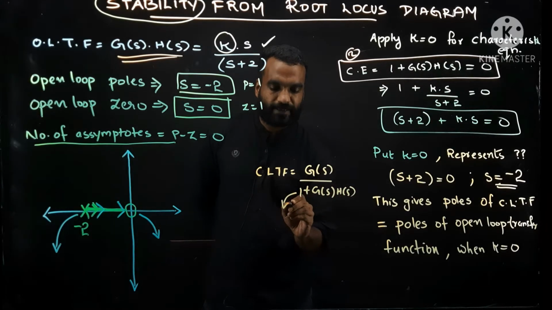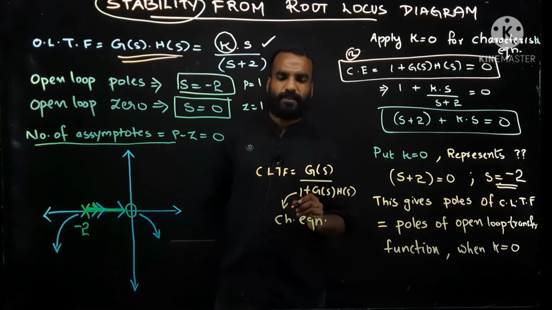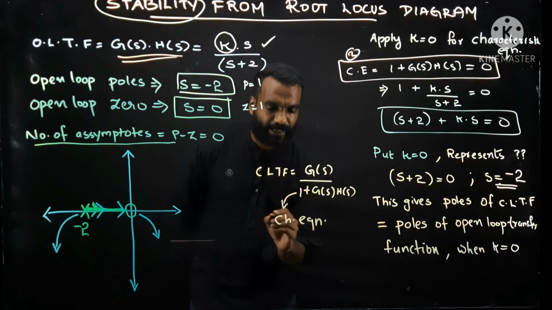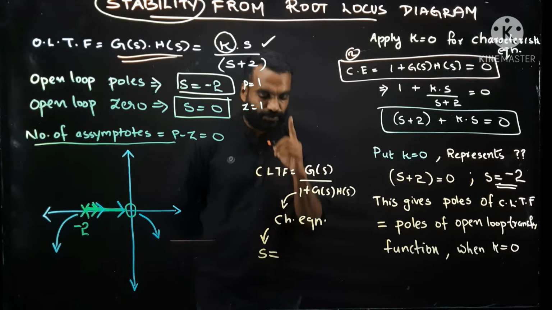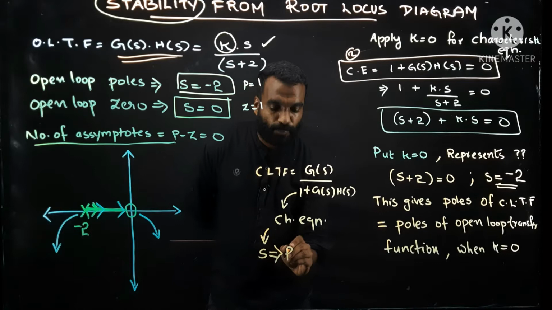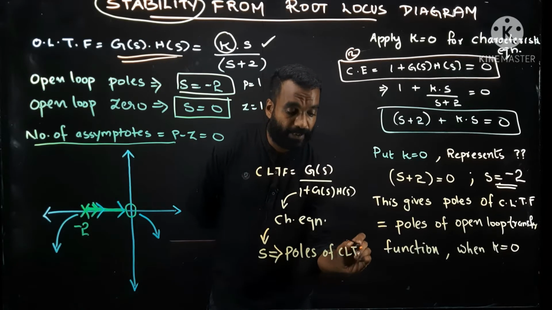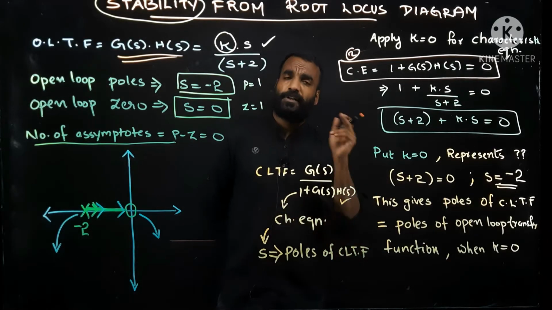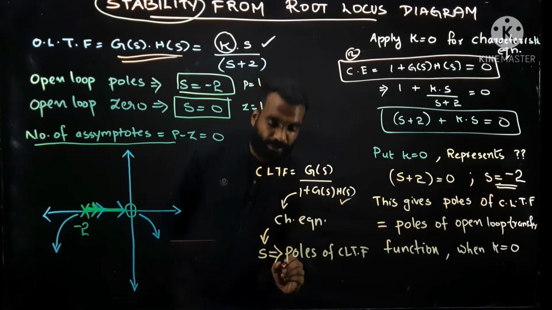And this denominator gives the characteristic equation. Is it clear? The solutions of s from the characteristic equation are nothing but the poles of the closed loop transfer function. Why? Because this is the denominator of the closed loop transfer function. Denominator will give poles.